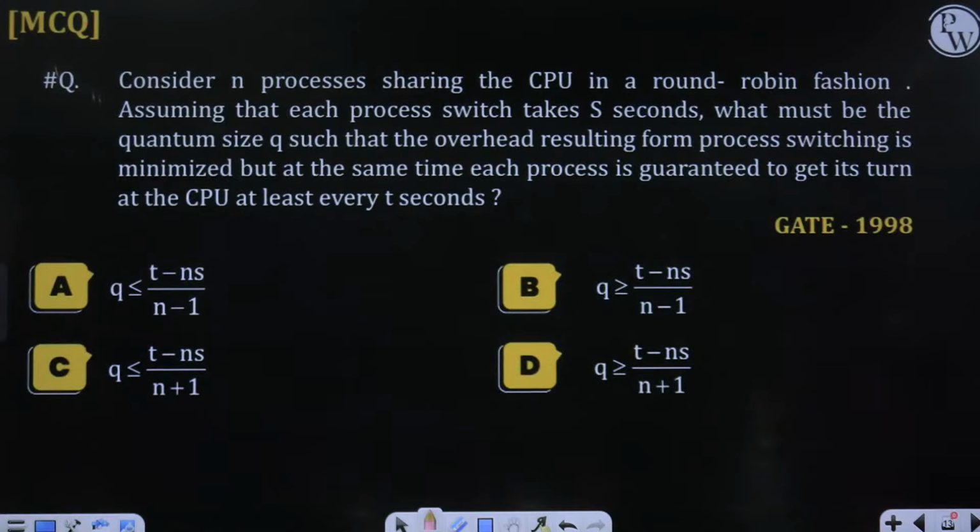No answer? Okay, somebody says option A. Okay, let's see. Somebody says option B also.